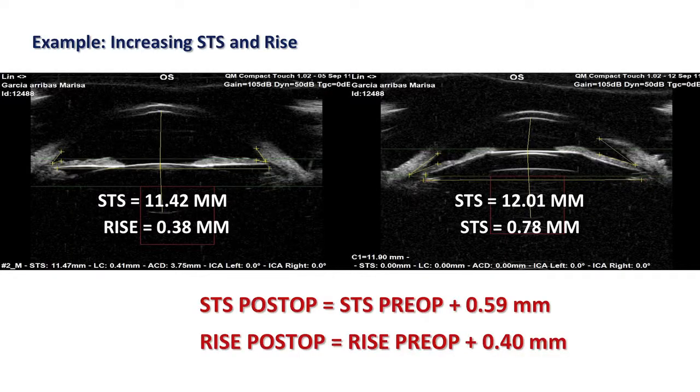So these are examples. You can see from pre-op to post-op, and as I told you, if we measure from here to here, and now we implant the lens, there is an opening of the fornix of the sulcus to sulcus, and this is why this measurement is 0.59 millimeters wider. And as I told you with the rise, look at this distance from the sulcus to sulcus to the apex of the lens. It has become bigger.